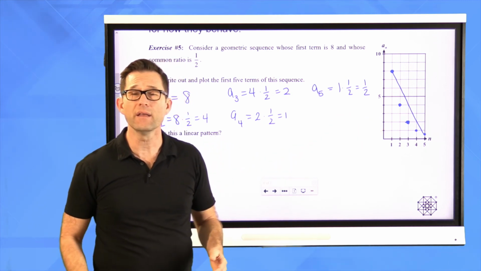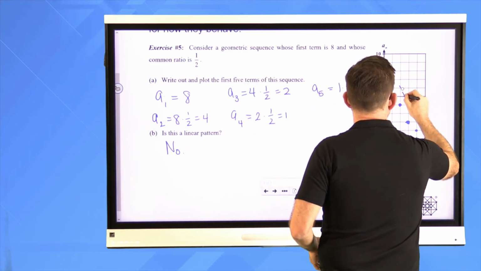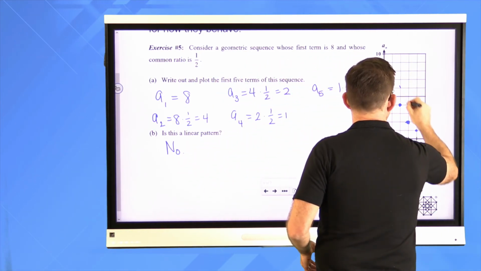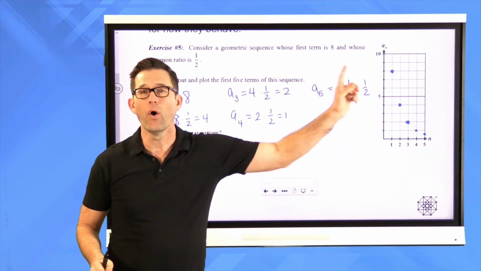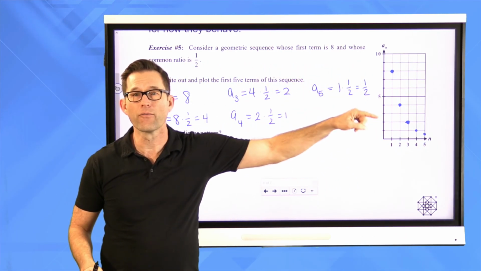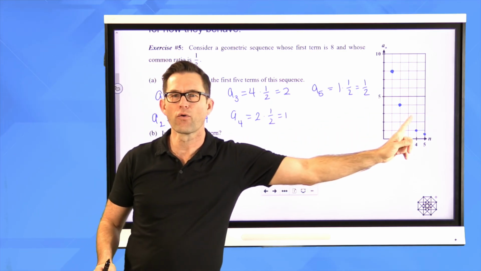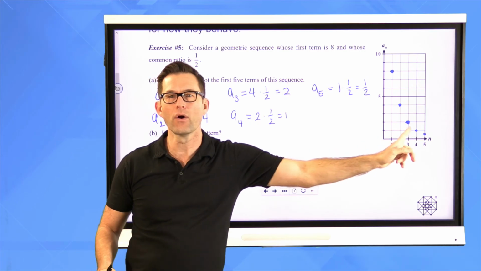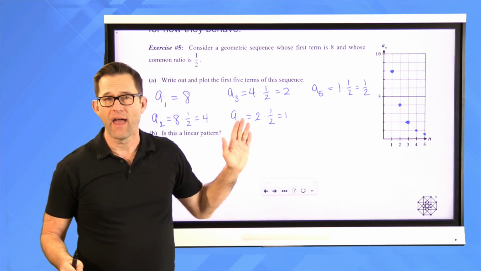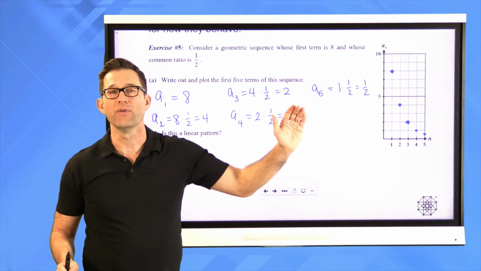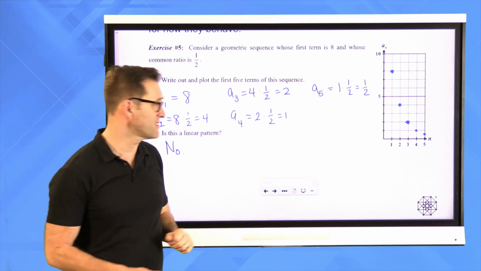Another way to say it is that they don't have a common difference. If it was a linear pattern, there'd be a constant rate of change. As I went over 1, I went down 4. But then I went over 1 and I went down 2. Then I went over 1 and I went down 1. Then I went over 1 and went down a half. With a linear pattern, every increase in x will give you the same increase or decrease in y. But here, that's not happening.